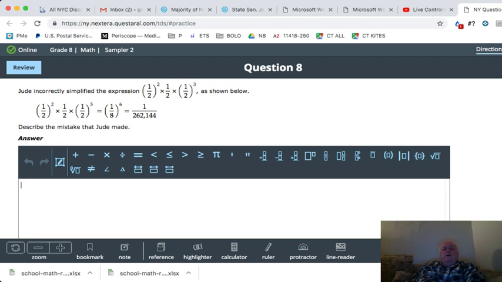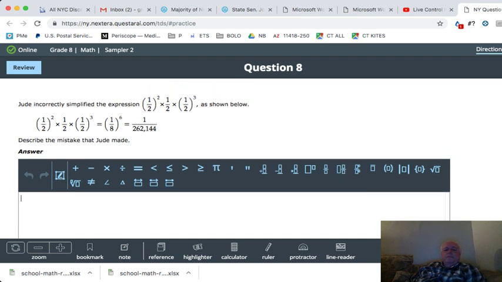So the mathematical problem is that when we run through here, let me use my pencil again. This is to the power of 2, this is to the power of 1, and this is to the power of 3. This 6 here does not come from 3 times 2.